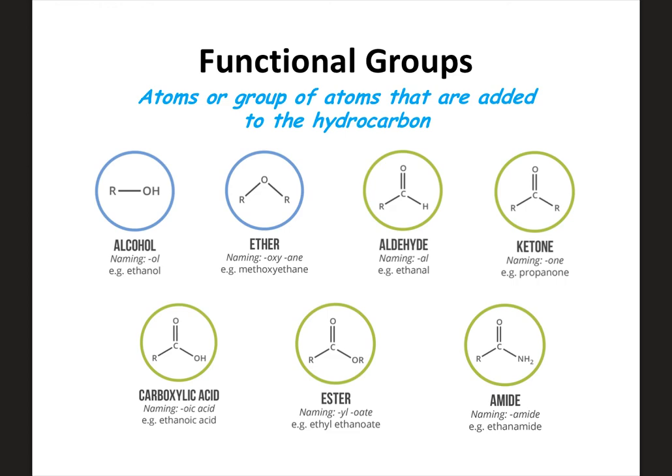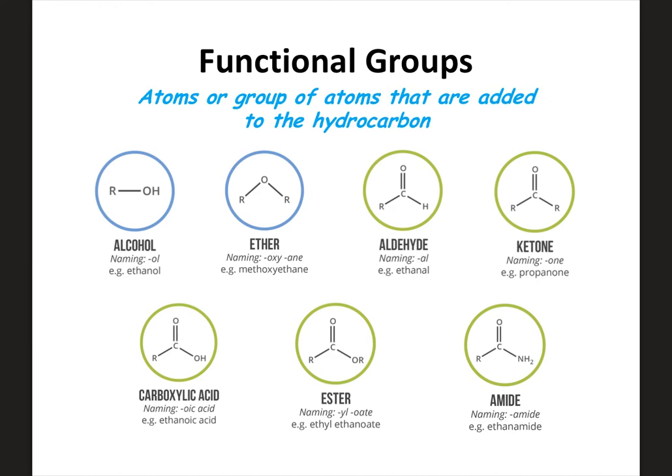That's called an ester. So these typically have an -yl and -oate naming scheme. Again, the naming is not super important here, but understanding what this would look like, being able to identify a molecule as an ester because of that C double bond O, and then that carbon with the double bond O has an O with another carbon group attached to it.